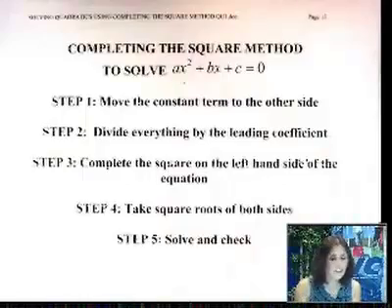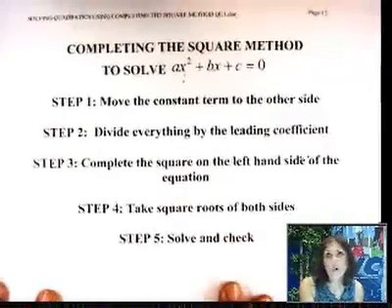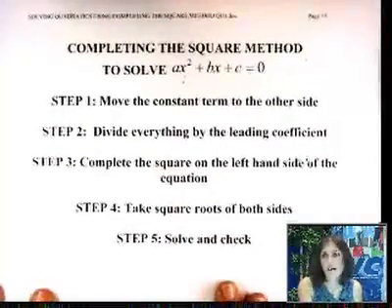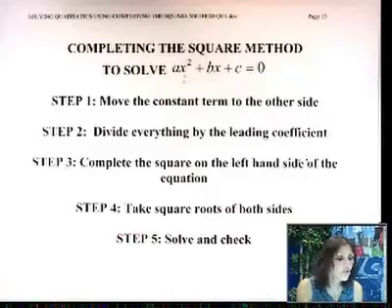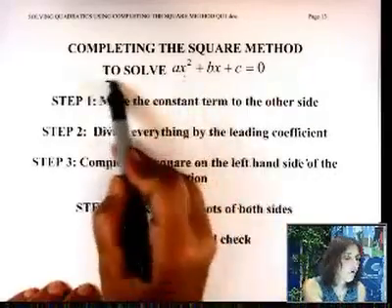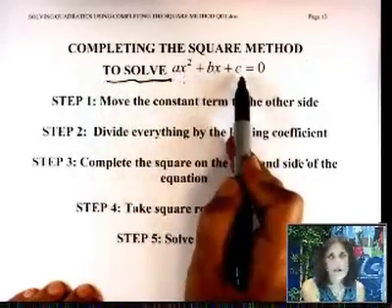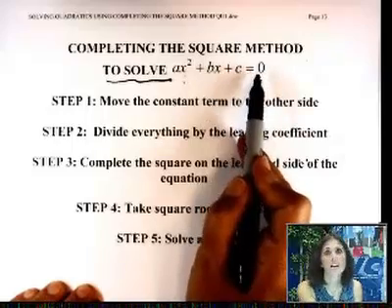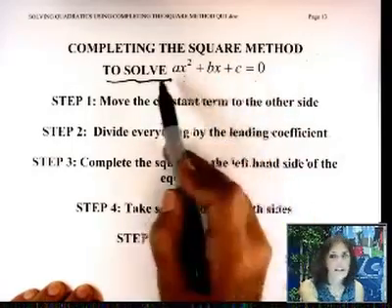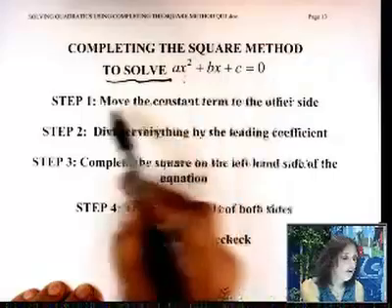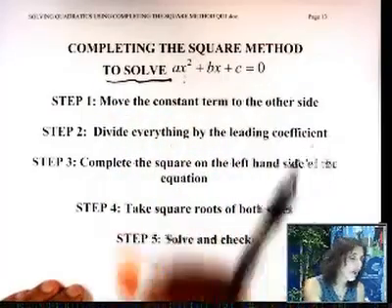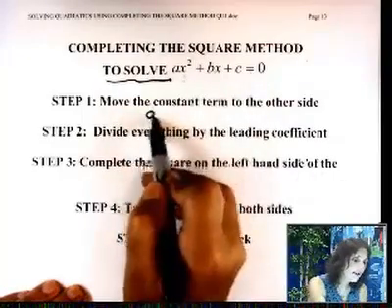Now we're going to put this concept together with the whole method of completing the square. This is how you do it. The goal is to solve a quadratic equation like this. You have 0 on one side, everything else on the left. What you do is move the constant term to the other side. So you get that.